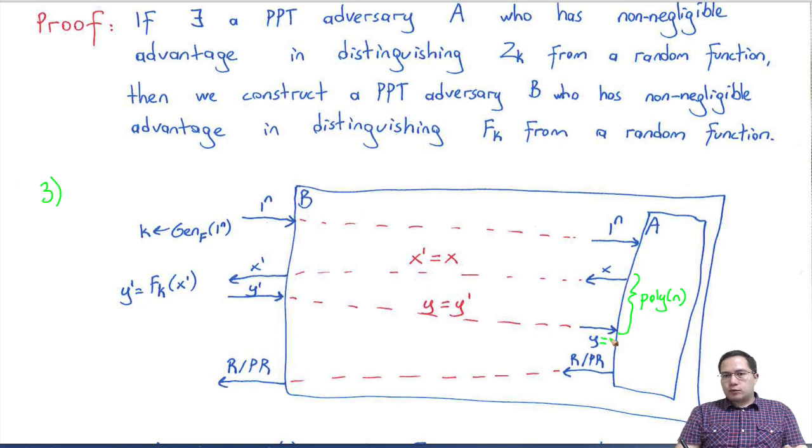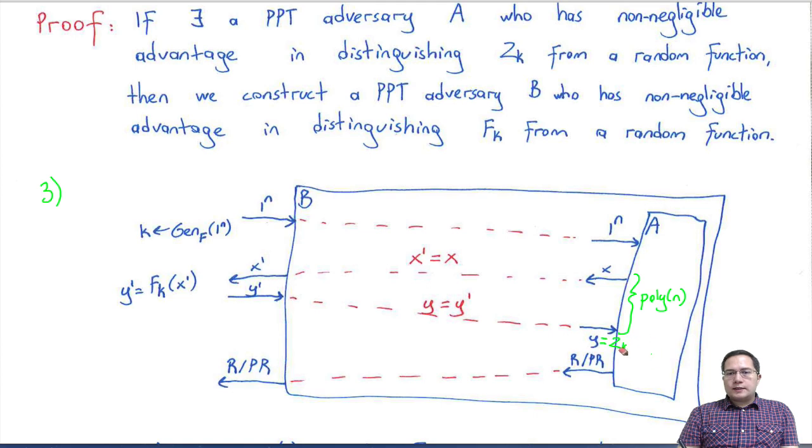So y needs to be something of the form Z_k of x. This is what it expects. And eventually it will tell us, okay, are we giving it random or pseudo-random? So y needs to be either Z_k of x, or it needs to be some, let's say, Z prime of x for a random function Z. That's what A is expecting.